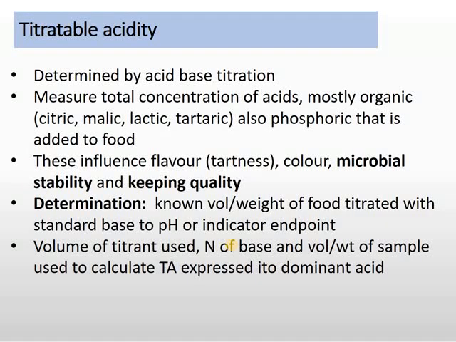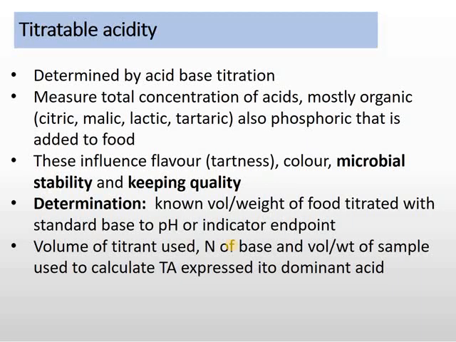As we already mentioned, the importance of this titratable acidity is that these acids contribute to the flavor, and not just the acid only, the acid plus the sugar, because if we take away the sugar, the juice will just be sour, and that wouldn't be nice. So the combination and the ratio of those two influence the tartness, and besides the flavor, they add obviously to the color of the juice.